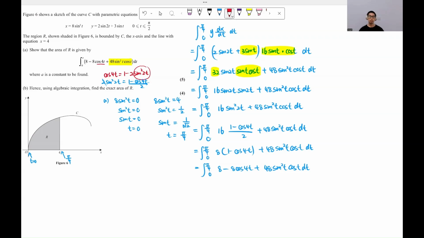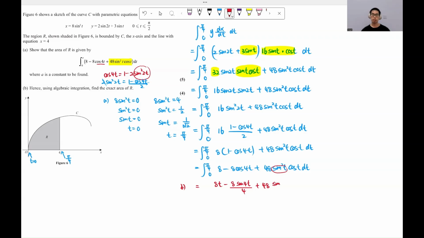So for part B, if we want to integrate that, 8 will integrate to 8t, and then the minus 8 doesn't change, it's just a coefficient. So cos 4t will integrate to sin 4t and then divide by 4. And then for the next part, 48 is a coefficient so it doesn't change. And then clearly we need to use the reverse chain rule because sine differentiates to cos.